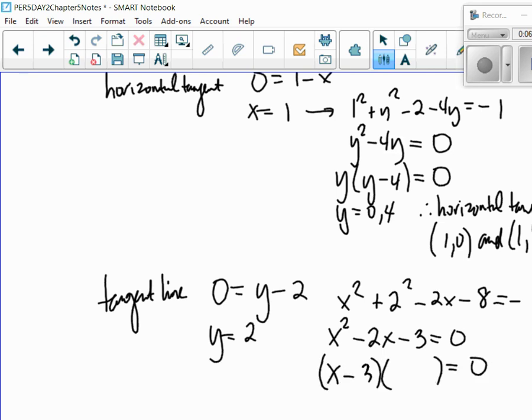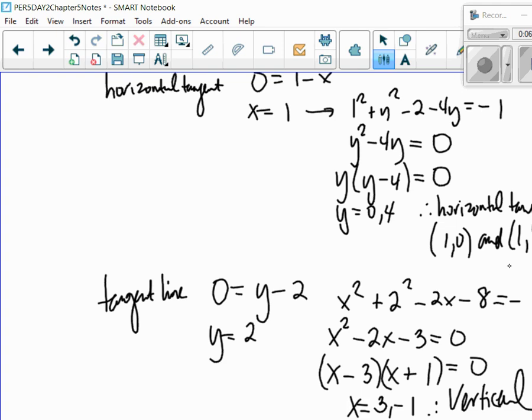So (x minus 3)(x plus 1), x equals 3 and negative 1. So therefore, vertical tangents at (3, 2) and (negative 1, 2).